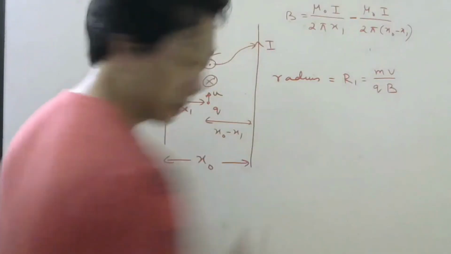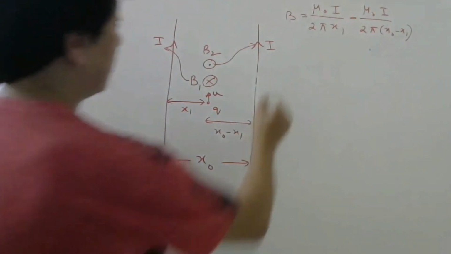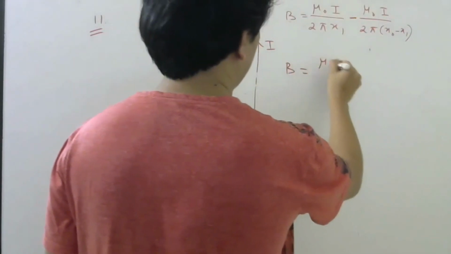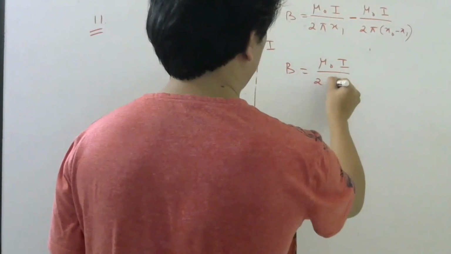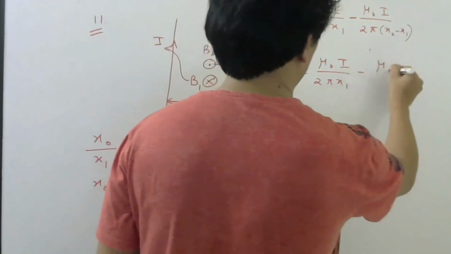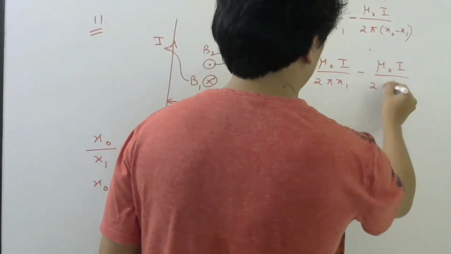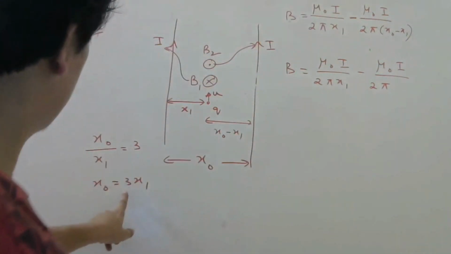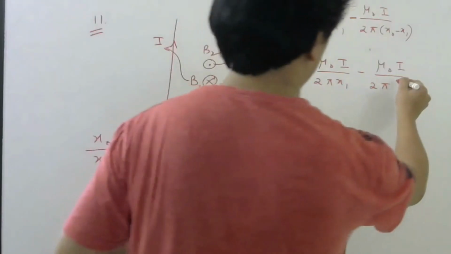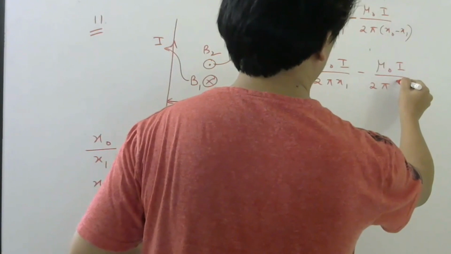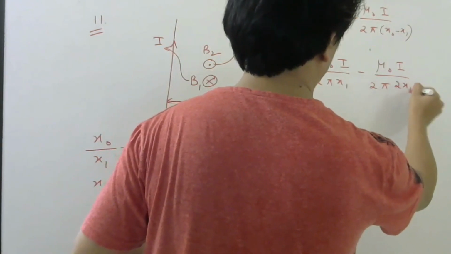So the magnetic field will be mu naught I by 2 pi x1 minus mu naught I by 2 pi times (x naught minus x1). Since x naught is 3x1, 3x1 minus x1 will be 2x1, correct?